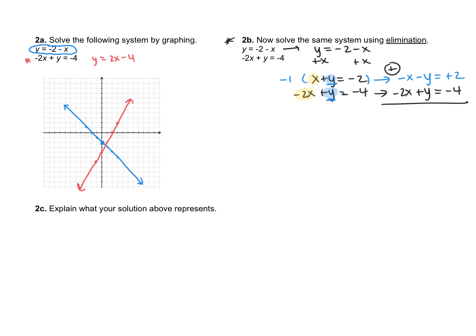If I add down, -x and -2x gives me -3x. -y and +y is just 0y, and then I get -2. So if I've done it correctly, a variable should drop out, which it did. So I have -3x is equal to -2.